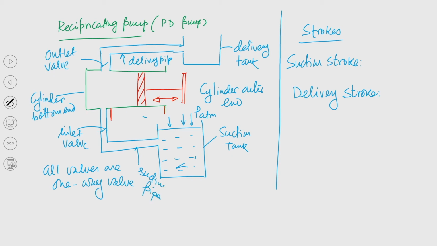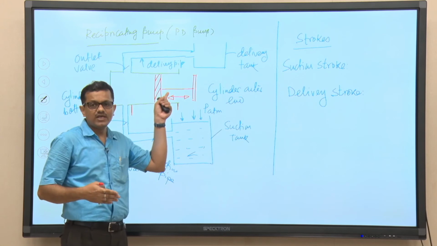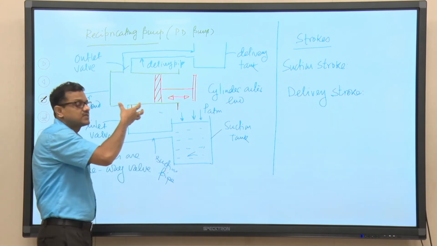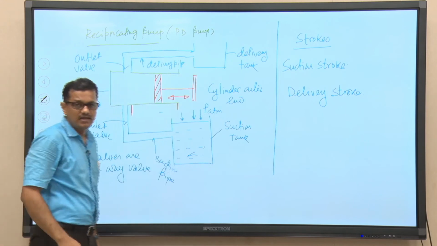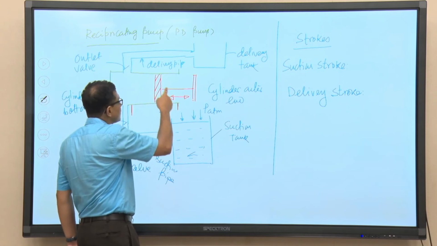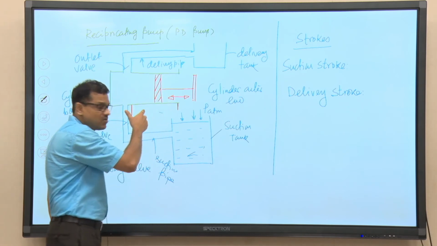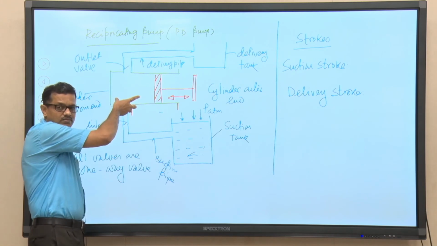Okay. So, you can see that by the to and fro, reciprocating action of the piston, we can have pumping of a certain amount of liquid from the suction tank to the delivery tank, right. So, again I am telling, the reciprocating motion of the piston in the cylinder will allow a certain amount of liquid to be drawn into the cylinder during the suction stroke.